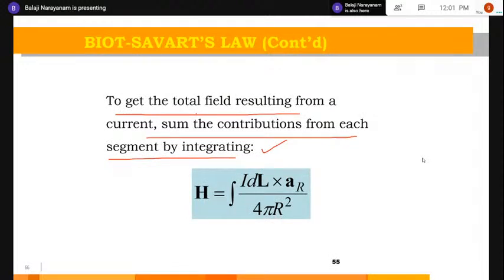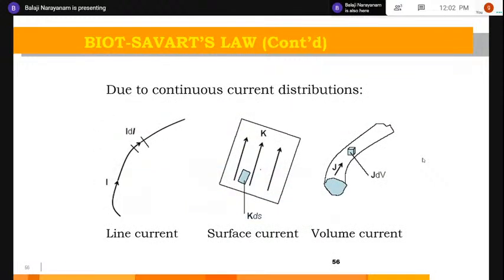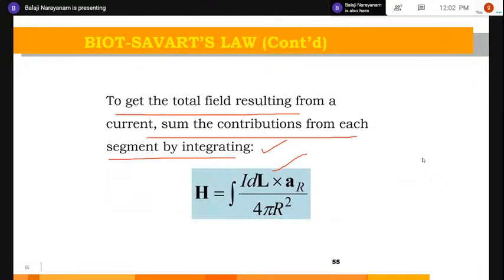We need to get the total field due to these differential lengths. That is possible by summing all these differential lengths, in other words, integrating them. Hence you get this equation: I dL cross producted with aR bar divided by 4 pi R square.